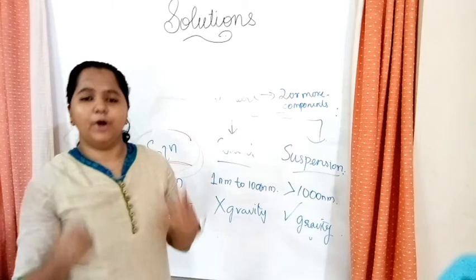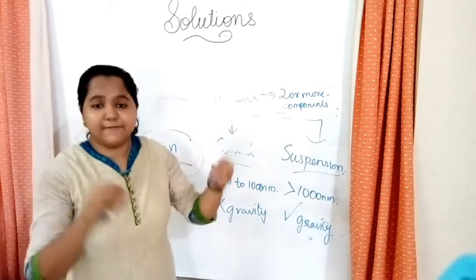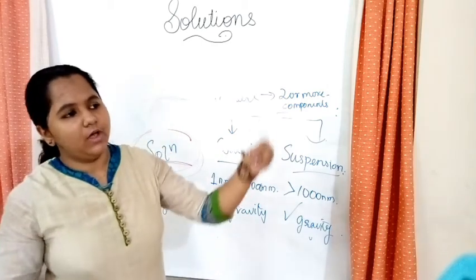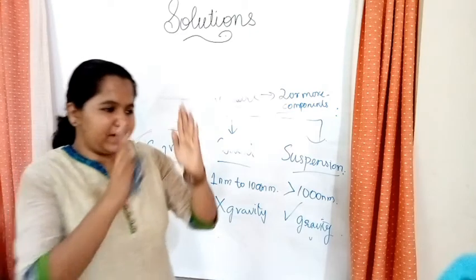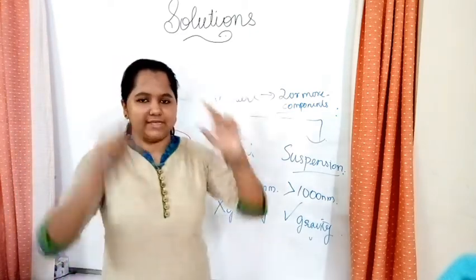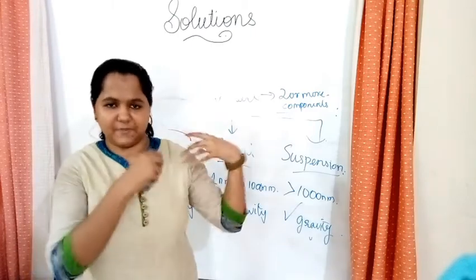We say our body is made up of cells and organs, which have specific names. You don't say it's made up of some material. Your digestive system has this many organs, or your respiratory tract has this many parts.